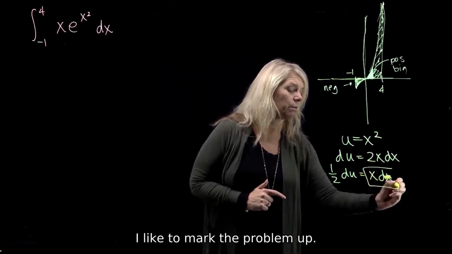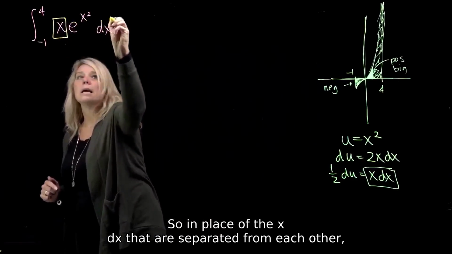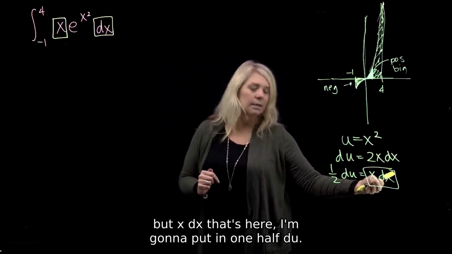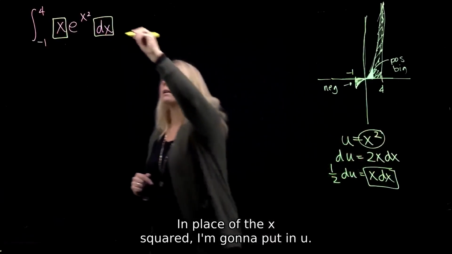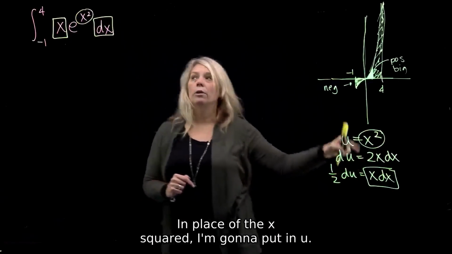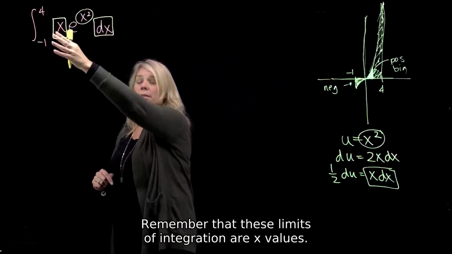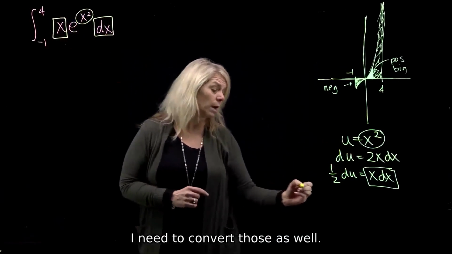I like to mark the problem up. So in place of the x dx that's here, I'm going to put in 1/2 du. In place of the x squared, I'm going to put in u. That accounts for all the variable parts of this problem. Remember that these limits of integration are x values, so if I'm converting to u's, I need to convert those as well.